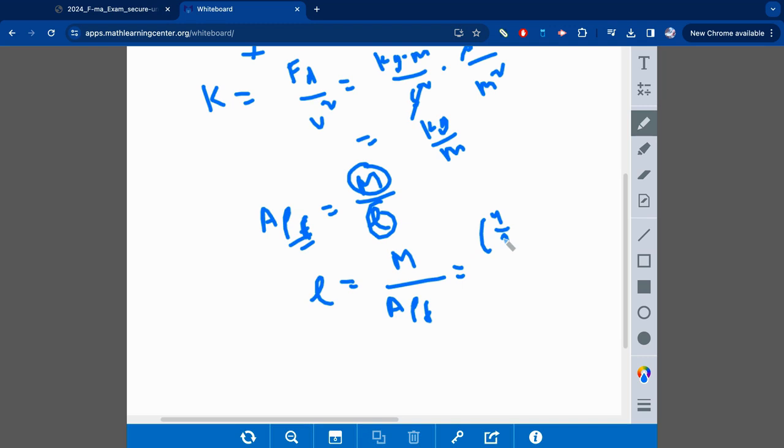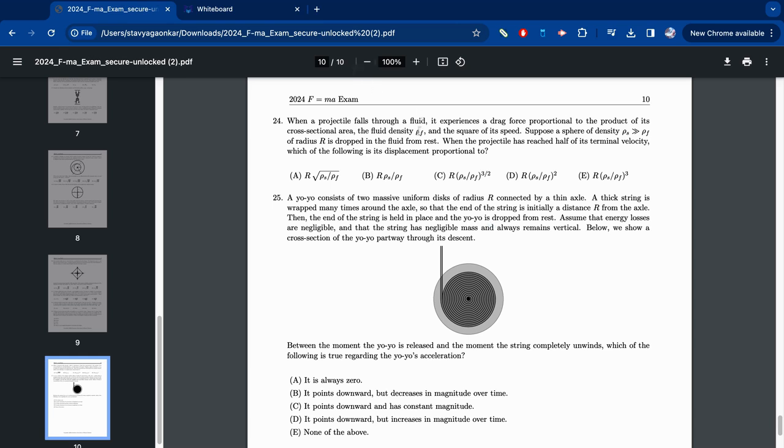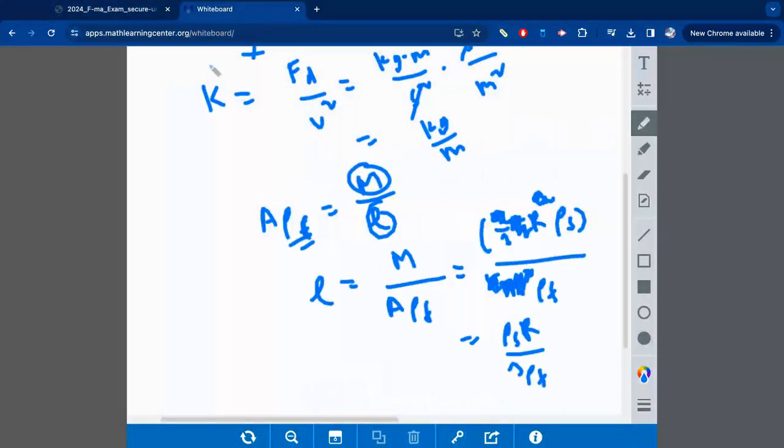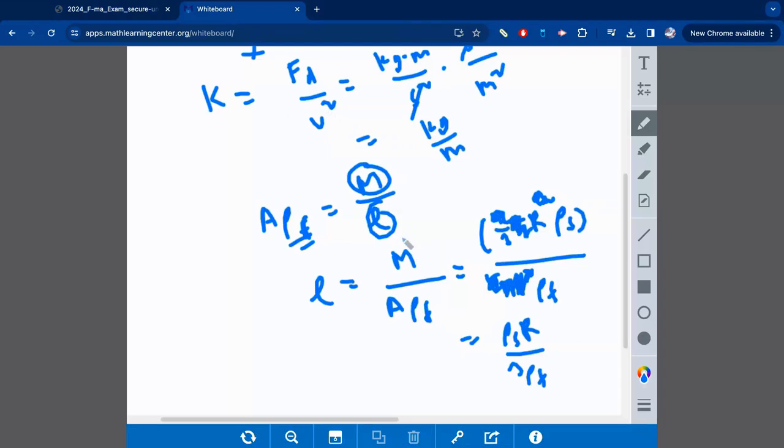It's going to be 4/3 pi r cubed times rho S over 4 pi r squared times rho F. So that's just going to be rho S r over 3 rho F. So displacement is going to be proportional to r times rho S over rho F, which is B. Okay.